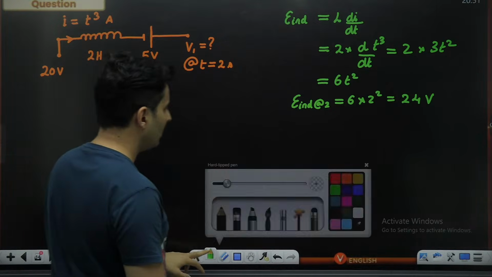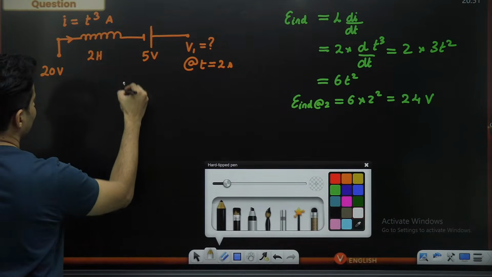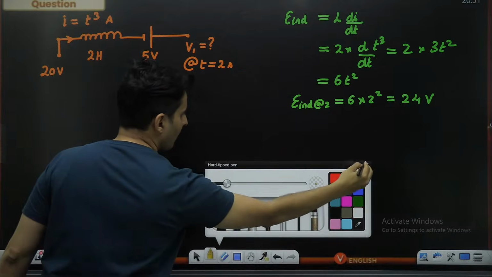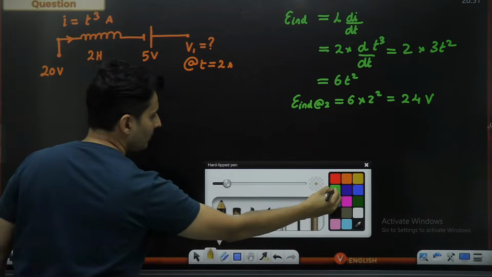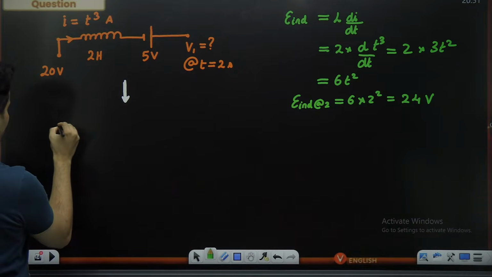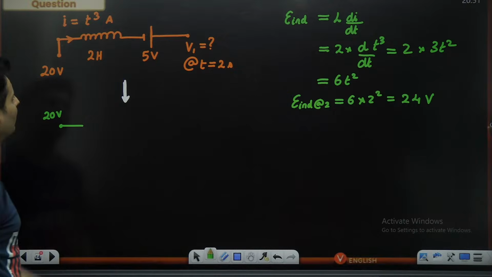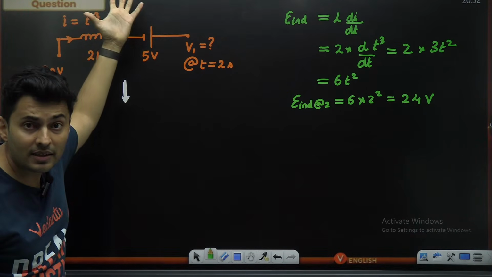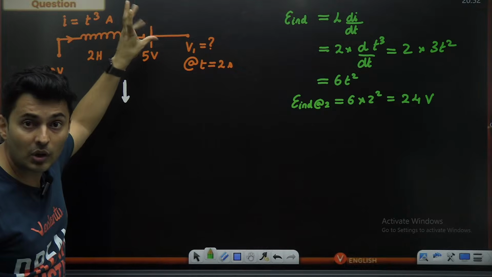What this means now is you can forget this circuit and convert it into a much simpler circuit like this. How? Observe. This is 20 volts. There is a battery over here. As you can see, the current is increasing. Inductor will not like it. It will oppose it.